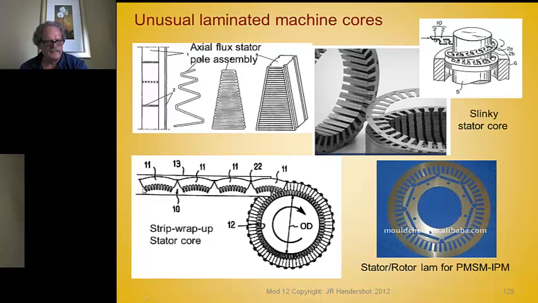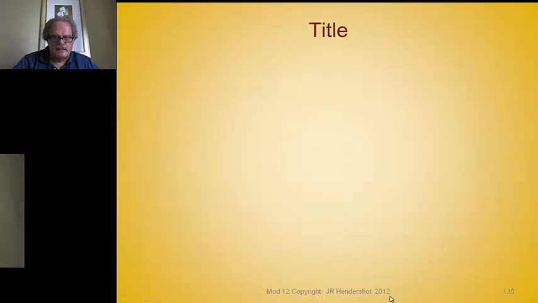If you have these multiple teeth, you only do this with these hinges built in to build a core with very low iron losses. That's really the only purpose of doing this. If you play a trick like this with hinges and you have an individual tooth, then you can wind on them while you're in the linear state and then wrap it up later. And there are people who do that.